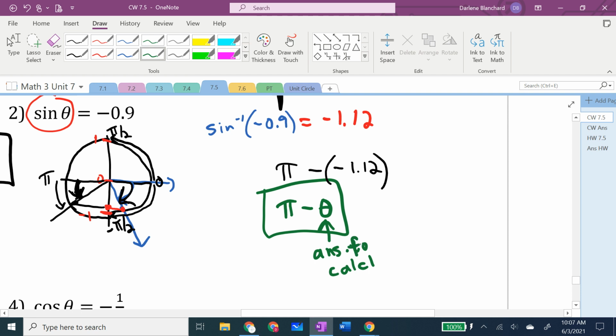That will give you the angle that your scientific calculator will not tell you about.